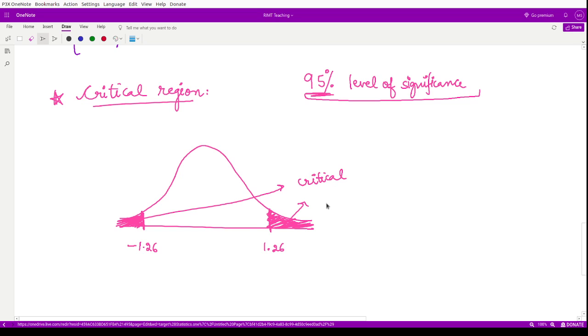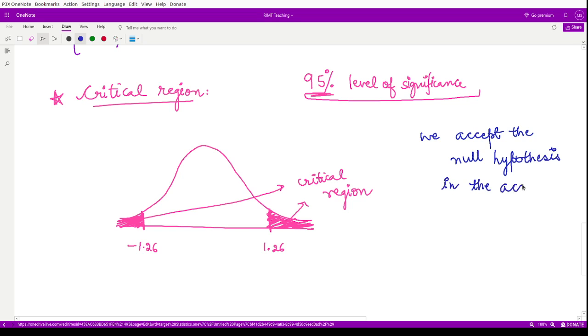In the acceptance region, we accept the null hypothesis. Now what is this acceptance region? The region which is not shaded. So this is your acceptance region.